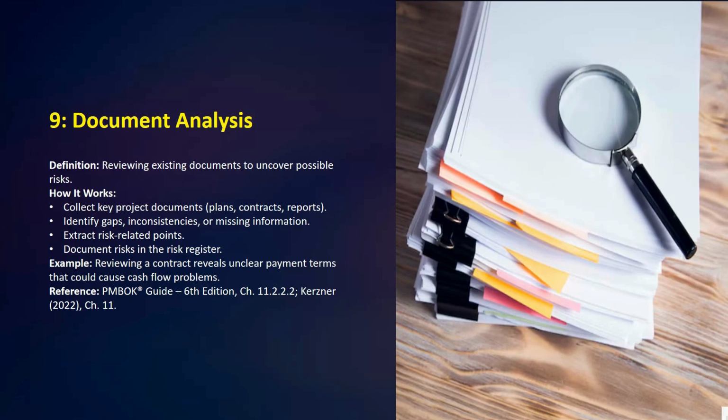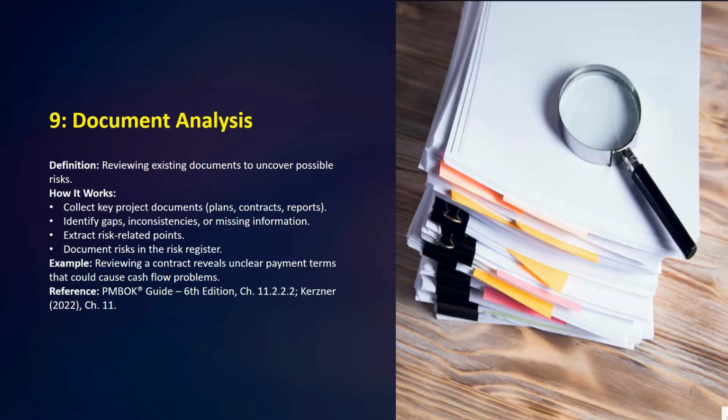So we will check all the documents of our project, like contract, project charter, reports, etc. Here we have the example: reviewing a contract reveals unclear payment terms that could cause cash flow problems. Okay, so I hope this is clear from the example.